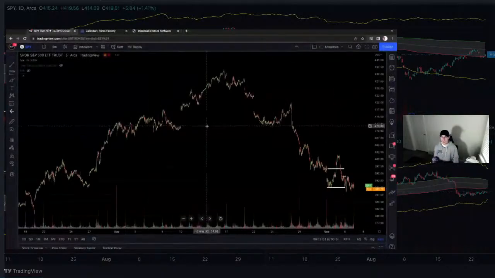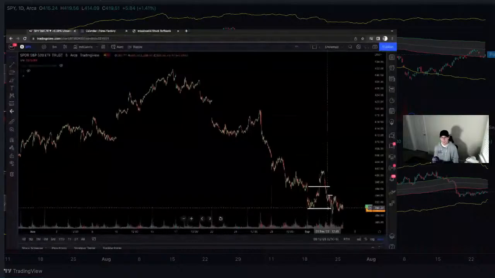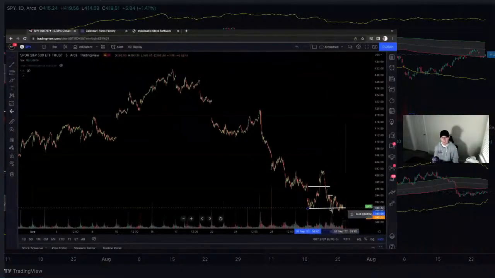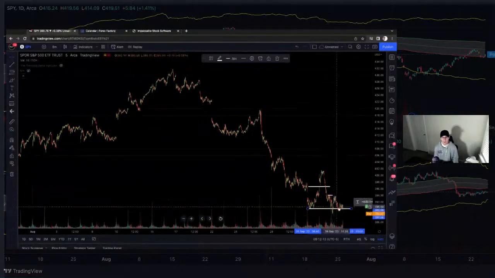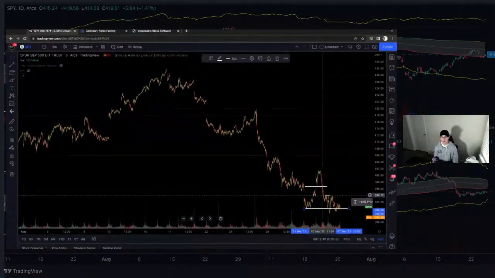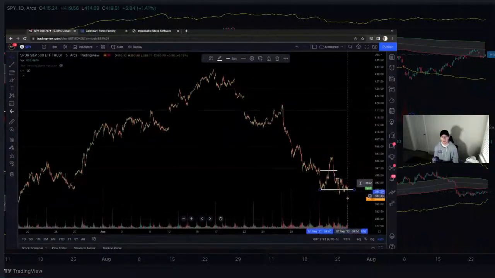But on SPY, our game plan here is very simply to see a break of this support again, to see it play into the resistance point right here, and then break down lower and have this triangle formation break out to the downside, which it's already kind of doing so far. So that's what we're looking at on SPY, a breakdown lower.